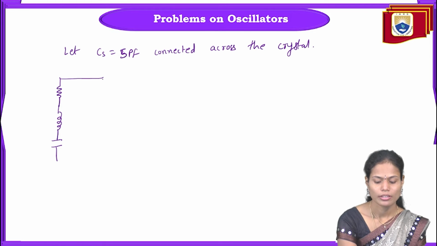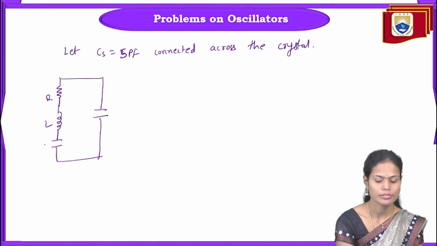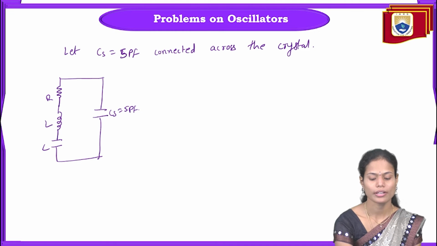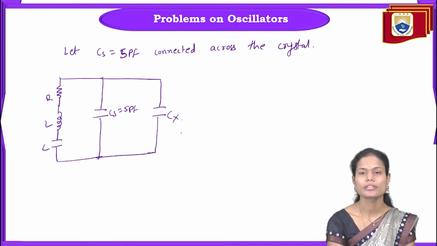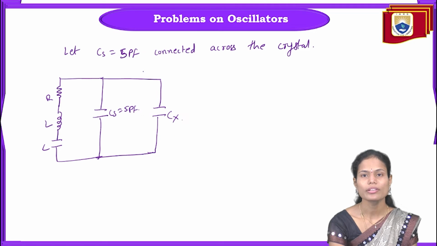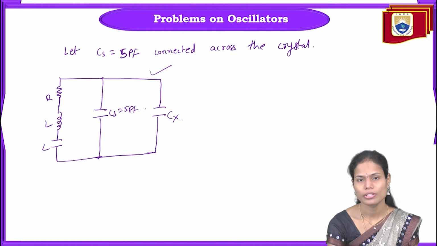For this, again we are adding one more capacitance. See, this capacitance is 5 picofarads we are connecting, and also the crystal capacitance Cx is present in the crystal oscillator. So this is only the feedback network of the crystal oscillator. We are not concentrating on the amplifier circuit. Why? Because we are going to calculate the frequency of oscillation of the feedback network only.